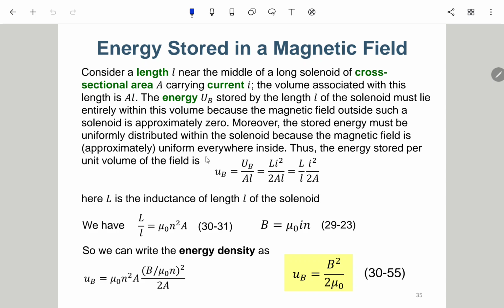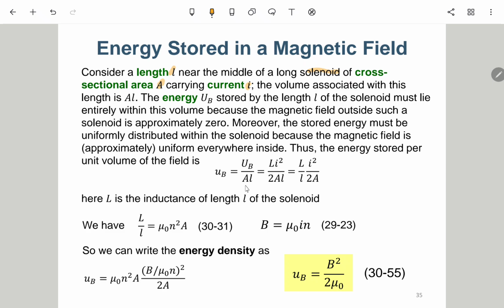So this one is the energy density in the B field. Okay, so the energy density will be the energy itself, the energy in the B field divided by the volume. So here we just assume we have a solenoid, and then we have a cross-section area to be capital A, and then the length is L with a current I, something like this.